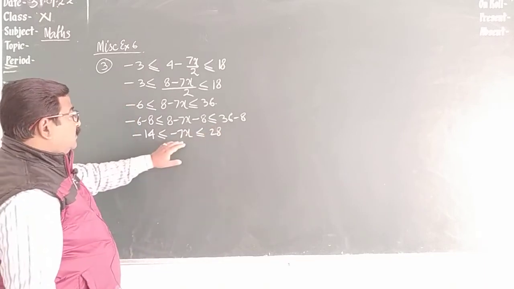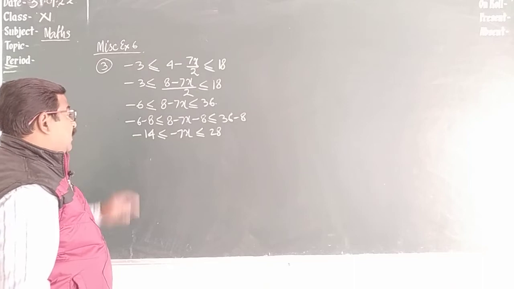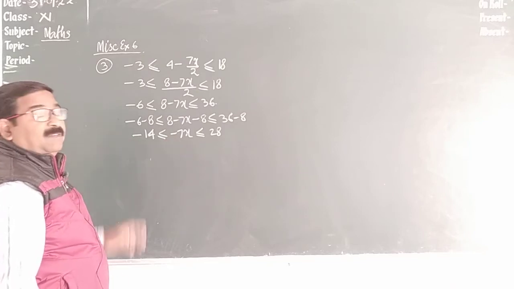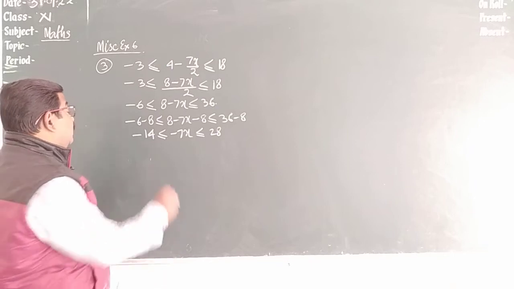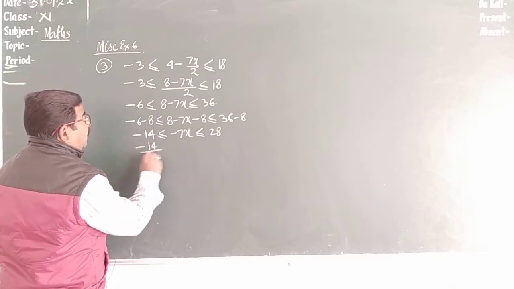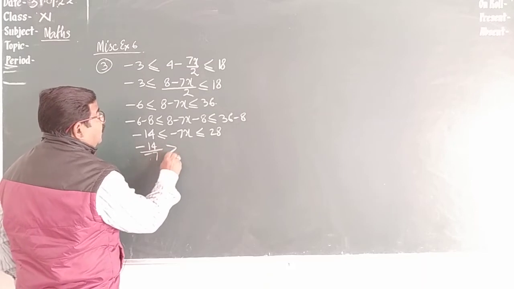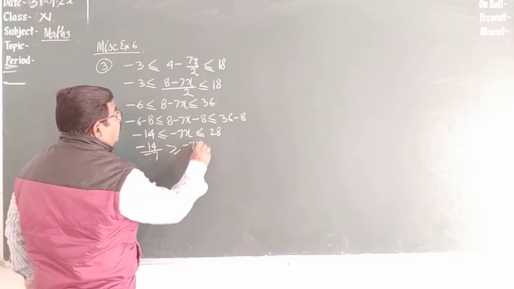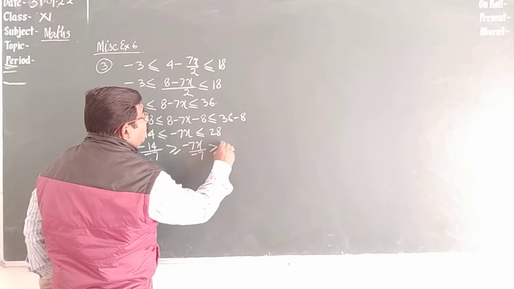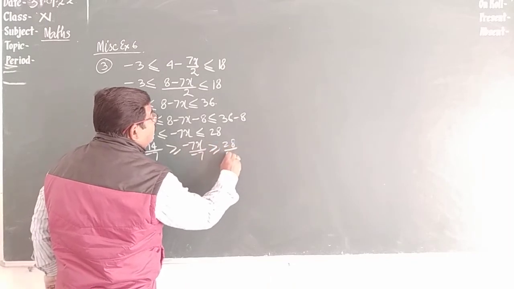Remove this, divide this by minus 7. So if you divide this by minus 7, the inequality sign will change. So we can write minus 14 upon minus 7 is more than or equal to minus 7x upon minus 7 is more than or equal to 28 upon minus 7.